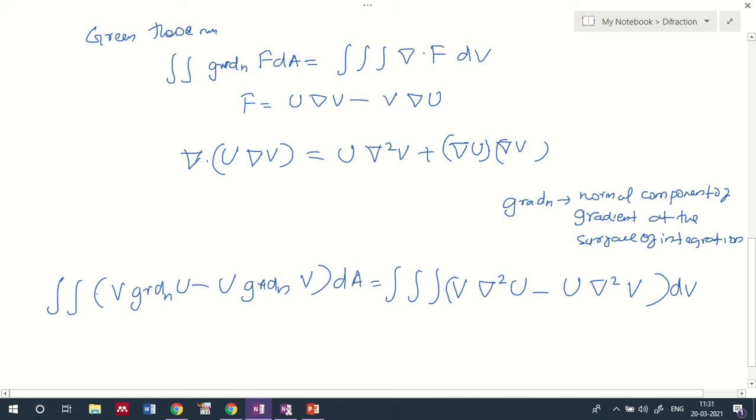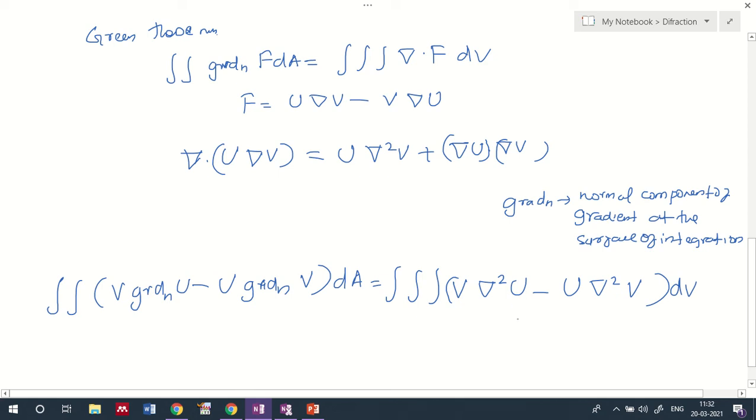The important part is that the left-hand integral extends over a closed surface A, as you know it's dA, and the right-hand side integral includes the volume V within the surface.